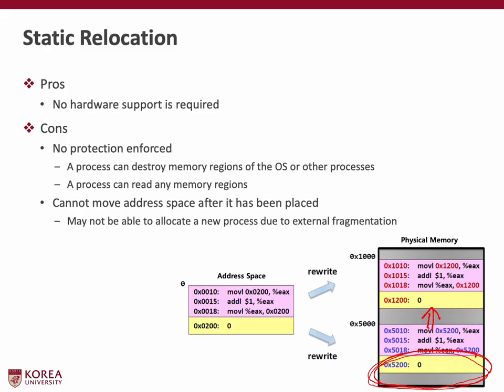So this situation is called external fragmentation, where we have small free spaces scattered around memory like this. Basically, when external fragmentation happens, memory utilization becomes very inefficient, and the static relocation approach cannot handle this situation very well. This is the second drawback of this approach.